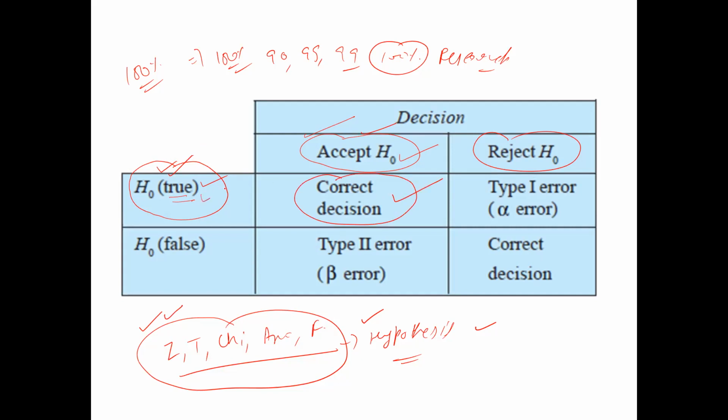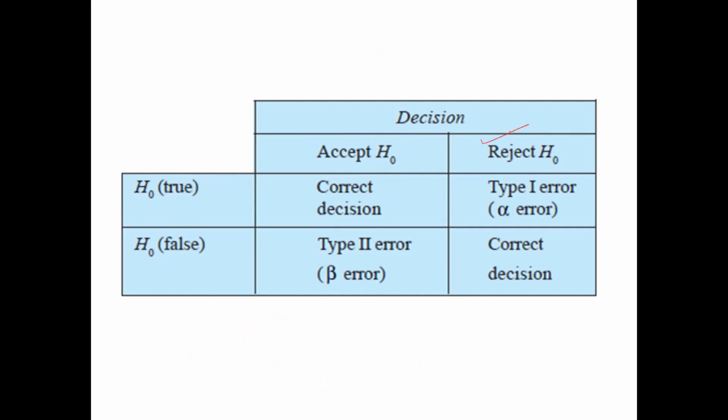In case your null hypothesis is true as per the different tests of your hypothetical statements, but mistakenly you reject it, because there is always a 5% chance. If you are 95% sure, then 5% chances are there that you can be wrong. If you mistakenly fall in the rejection category, then this is known as type 1 error, and this is known as alpha error.